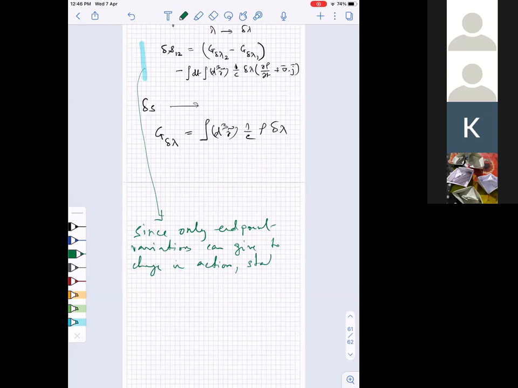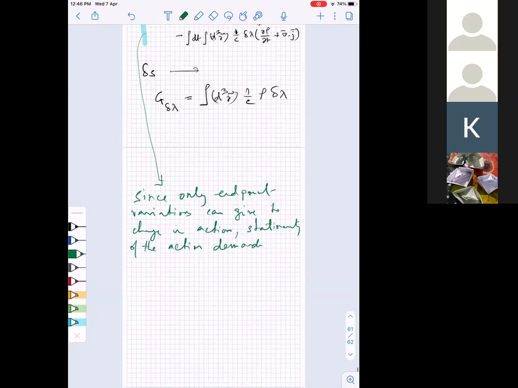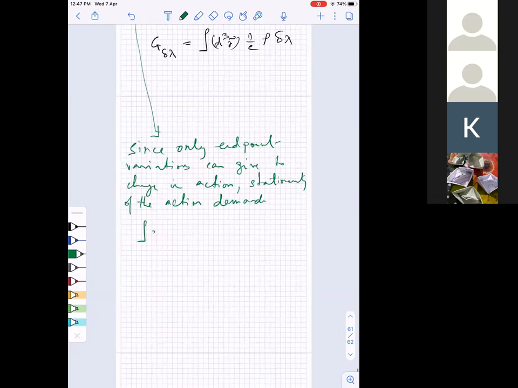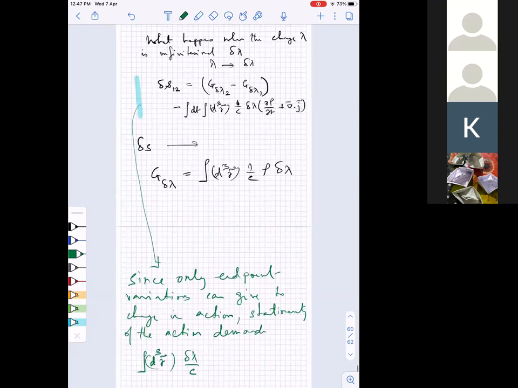our stationarity, this is delta S equal to 0, stationarity of the action demands my dq r delta lambda by C. So this comes from this part.